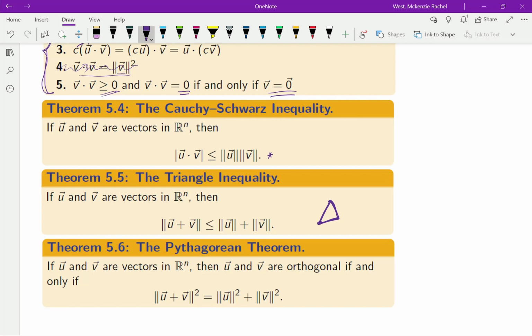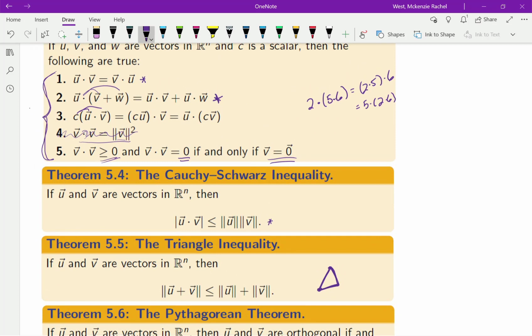And then the Pythagorean theorem, which we all know, that says that if we have a right angle between our vectors, then the lengths of those 2 vectors, each individually squared, add up to the square of the length of the hypotenuse. So these are all properties of the dot product that fall out of these original starting 4.